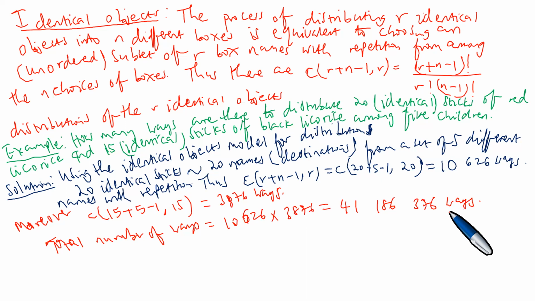So you pause to think about this. This is how we can look at the licorice example: the 5 children, the 20 sticks of red and the 15 sticks of a different color.